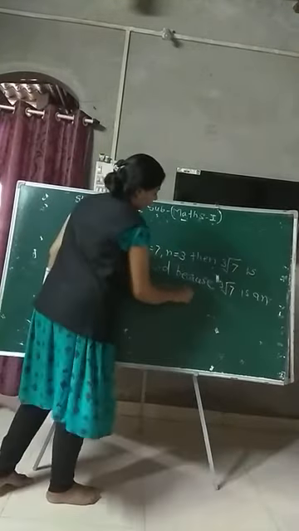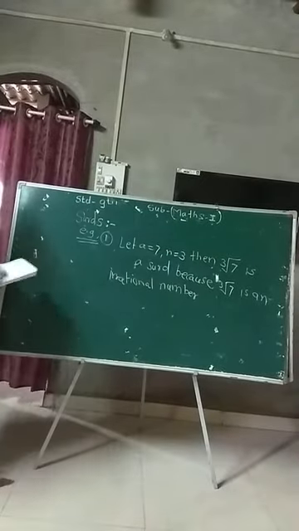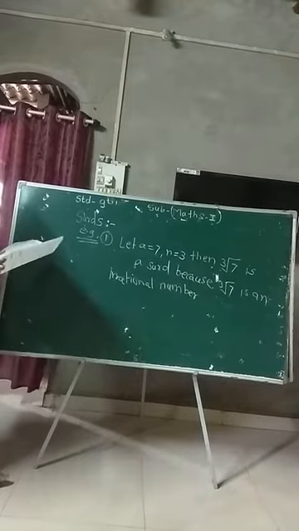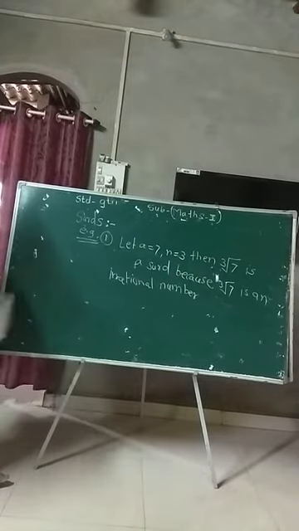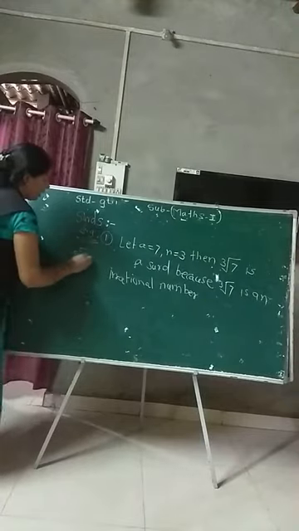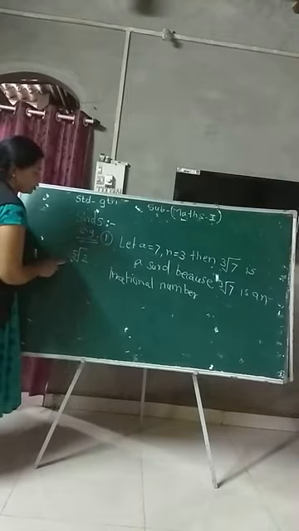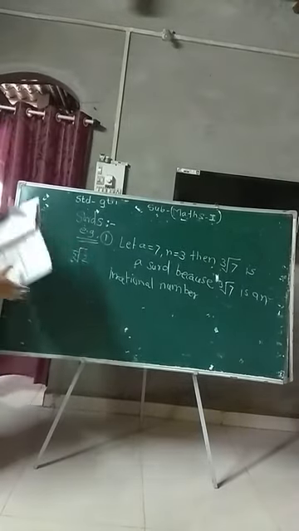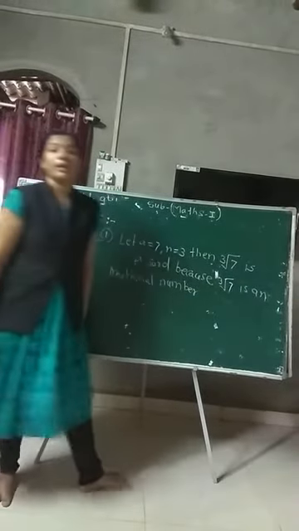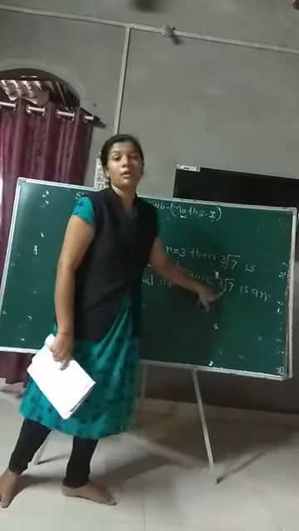In the previous example, we learned fifth root of 2 is also irrational, therefore it is also a surd. Third root of 7 is an irrational number. Therefore this is called a surd.